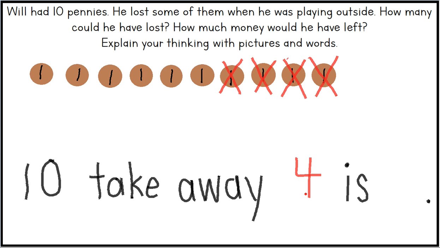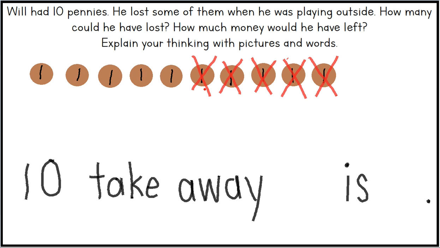All right, so if he lost 4 pennies, 10 take away 4 is, we have 6 left. 10 take away 4 is 6. So again, lots of different ways to solve this. All right, I'm going to cross one more out.